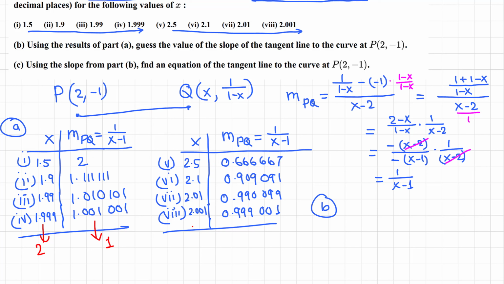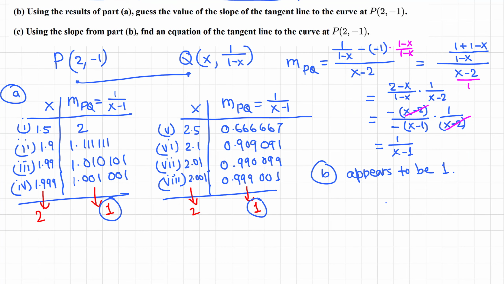Here, these numbers are chosen so that they go to 2, so the slopes of the secant lines are going to 0.999, very close to 1. So in each case, when we approach 2 from the left and from the right, the slope appears to be 1. So guess the slope: it appears to be 1.